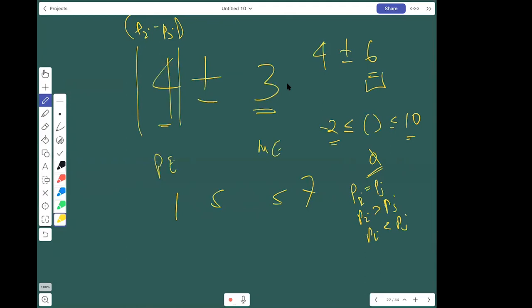We could only say the difference is significant when both of the limits are either negative or positive. And the only way for that to happen is if this piece right here, your margin of error, is smaller than this piece right here. That's the only way for that to happen.